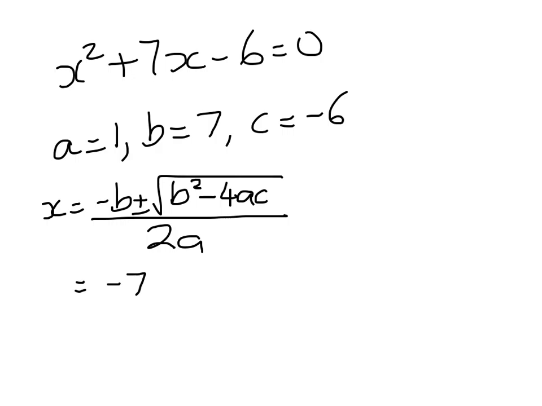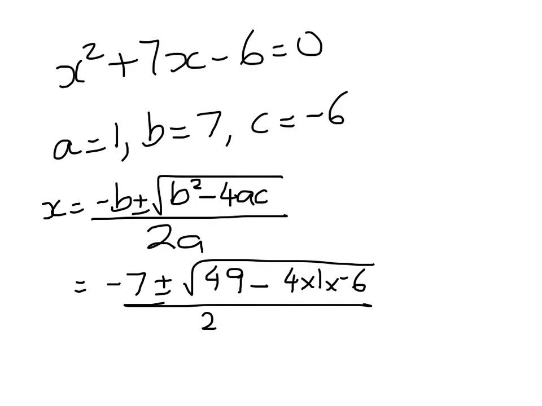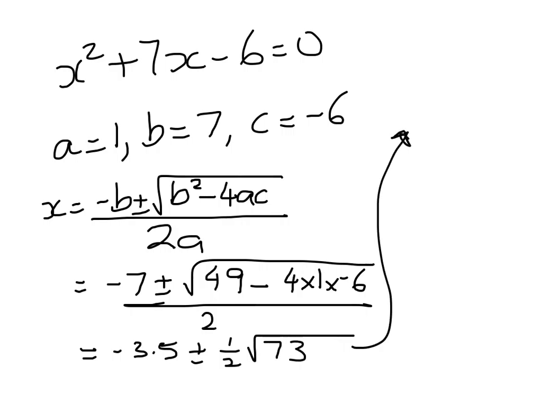So that works out to be negative 7 plus or minus the square root of 49 minus 4 times 1 times negative 6, divided by 2. Right, now that all works out to be negative 3.5 plus or minus 1/2 times the square root of 73. So I get two solutions here.